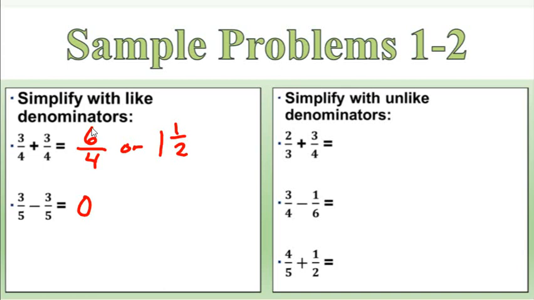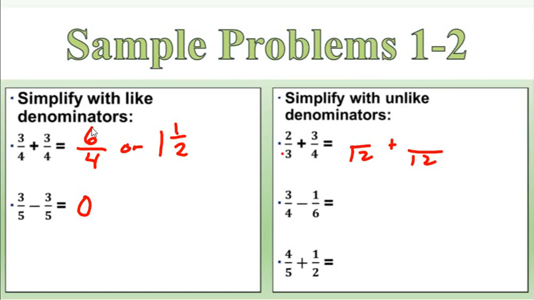Simplify with unlike denominators. So now the denominators are different. We need to find common denominators. And usually you can use the one that's the least common denominator, but it doesn't have to be. So 3 and 4, the common denominator of 3 and 4 is 12. So I need to have two fractions that have a denominator of 12.